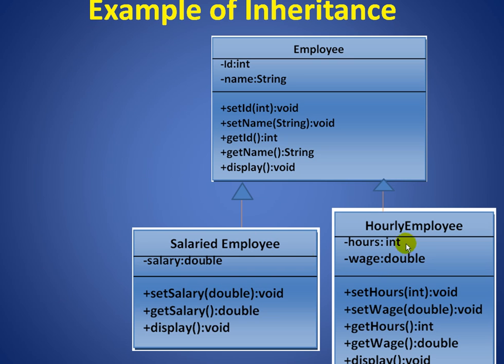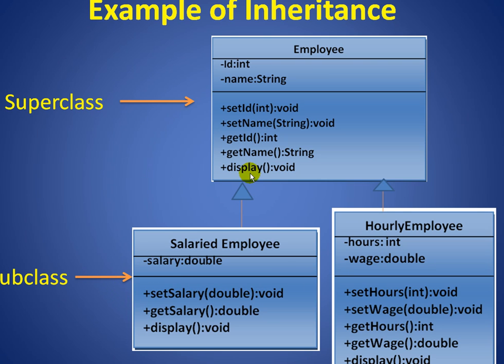So those two types are extending the concept of employee. This is a way of inheritance. Now this is called the superclass, while those two classes are called the subclasses.